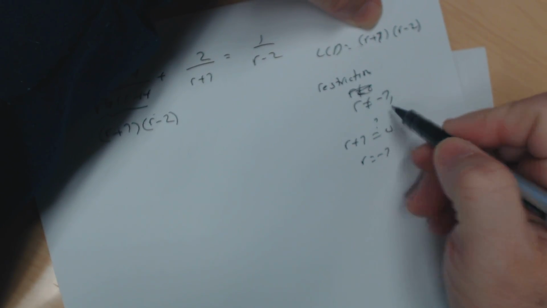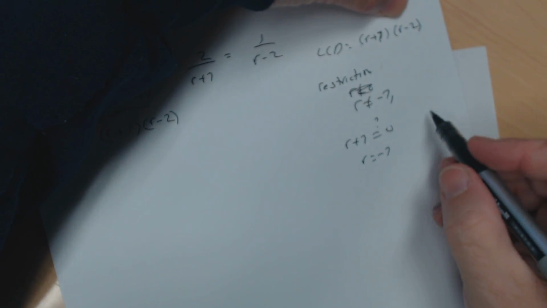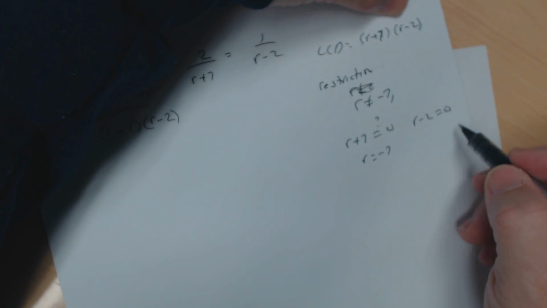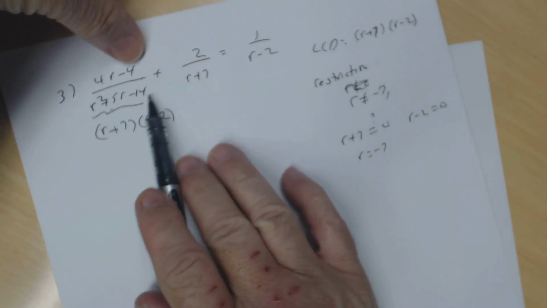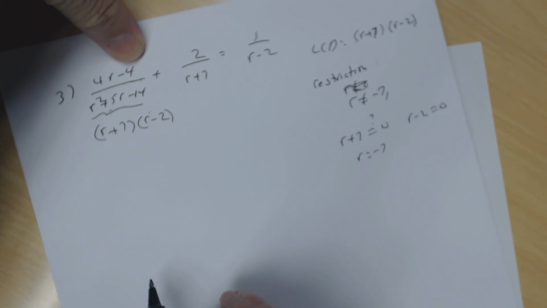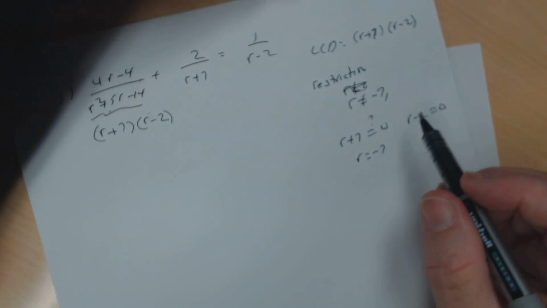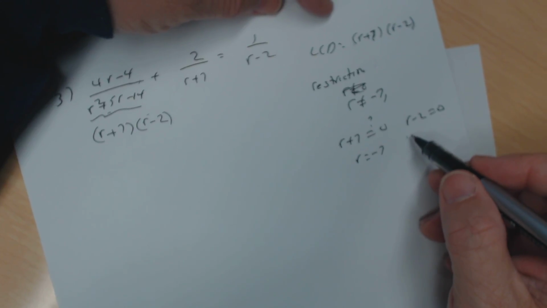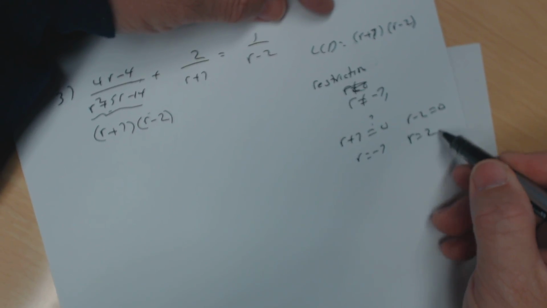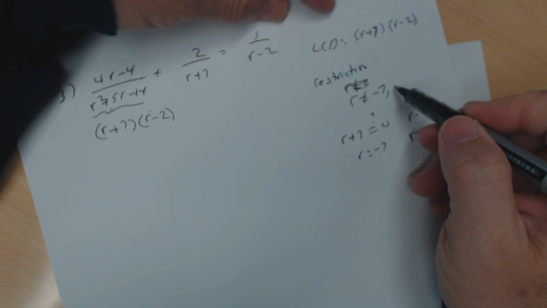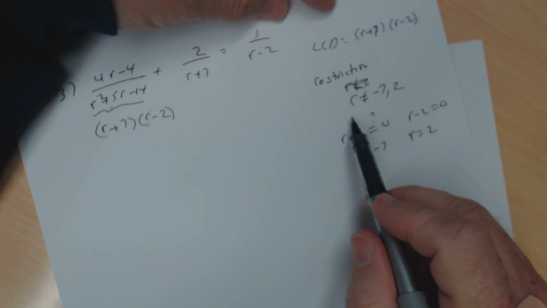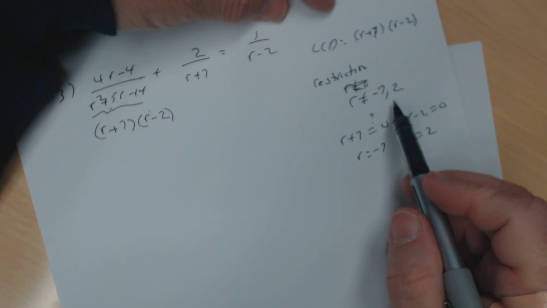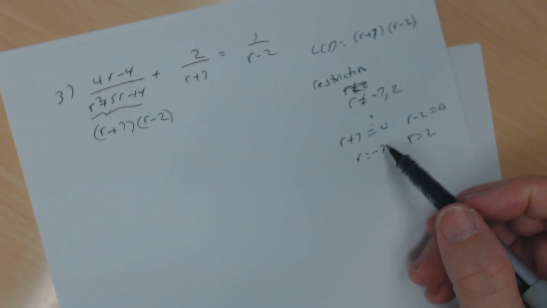So r cannot equal negative 7. Then look at your next factor, r minus 2. Where is that equal to 0? Because remember, you're trying to find out where these denominators are equal to 0. So r minus 2 is going to be 0 when r is 2. So r cannot equal 2 as well. So r cannot equal negative 7, and r cannot equal 2.